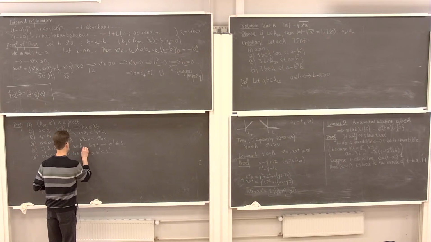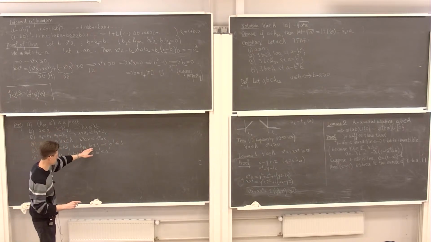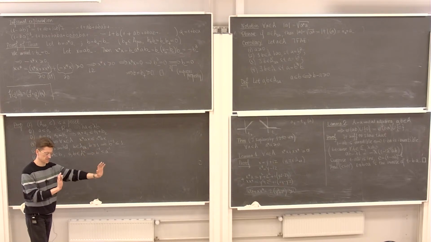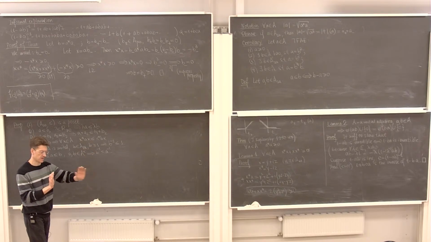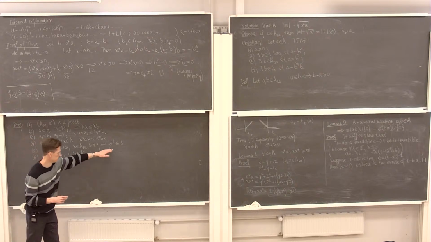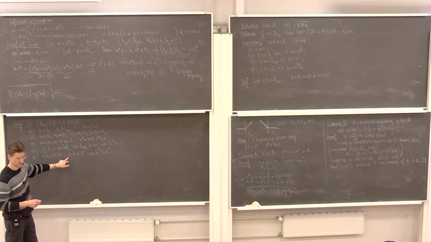We assume that B is self-adjoint and greater than or equal to 1. So this means that the spectrum of B sits in the half line from 1 to plus infinity. So in particular, the spectrum of B doesn't contain 0. So B inverse is well defined. And here we assume that A and B are invertible.